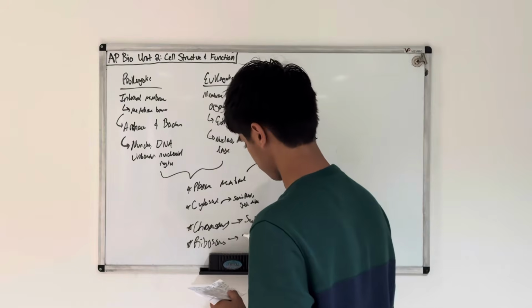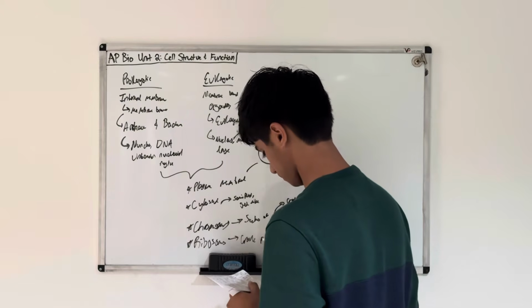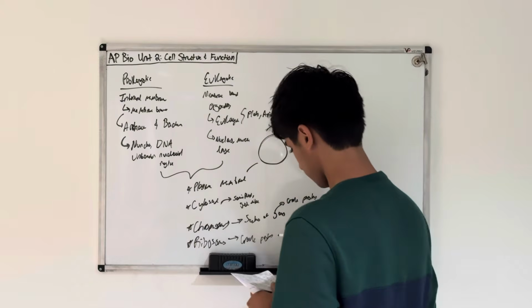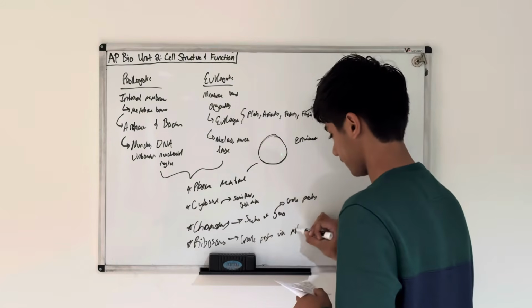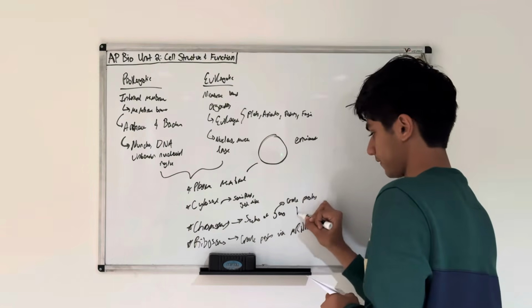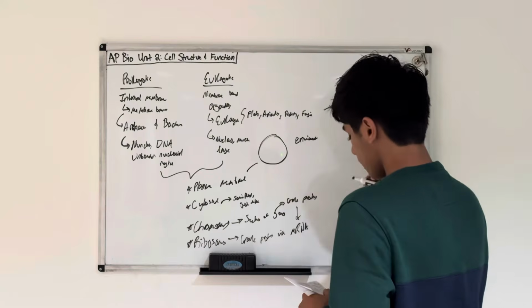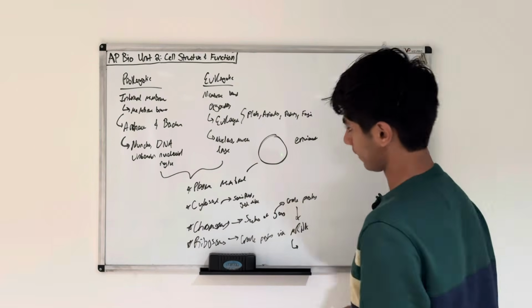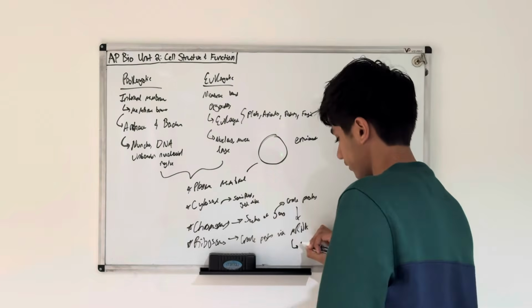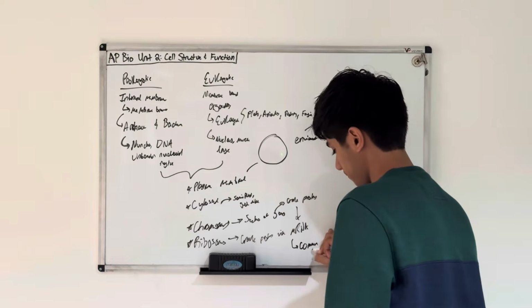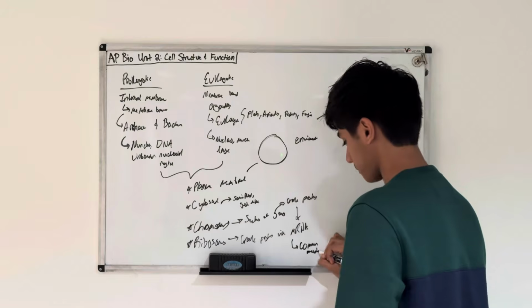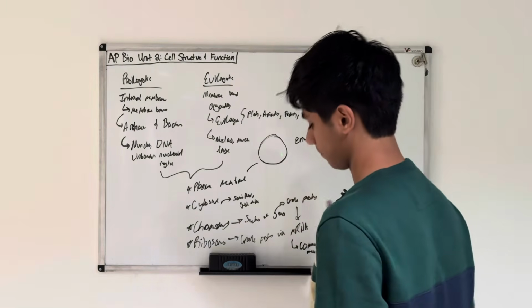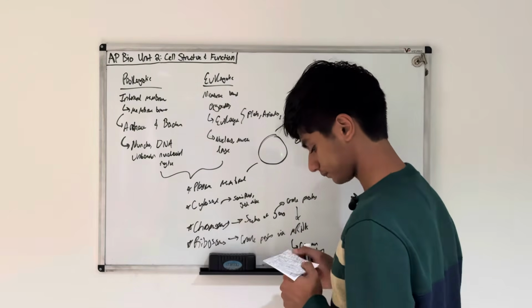Ribosomes help to create proteins via mRNA, which is made from the DNA. And because all cells have these things, especially ribosomes, we have the theory that all cells have a common ancestor, because they all have ribosomes and certain molecules and materials.